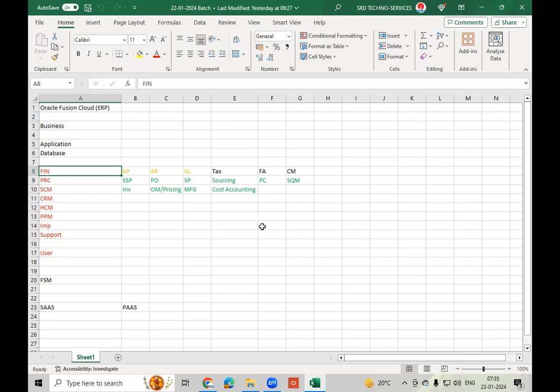All of them will understand the business requirement in the business organization. They will understand the business structure and organization structure, and what kind of business they are in: manufacturing, distribution, or service based.